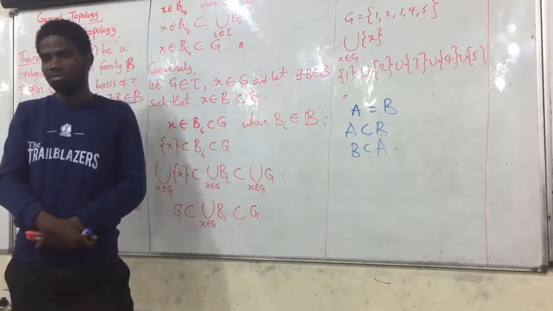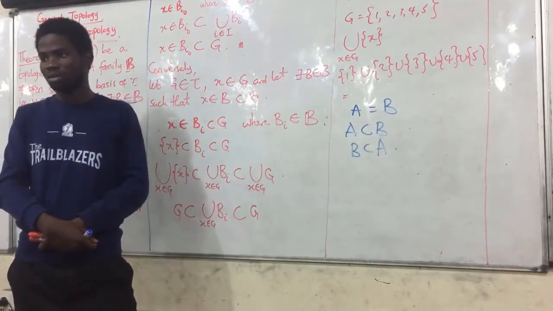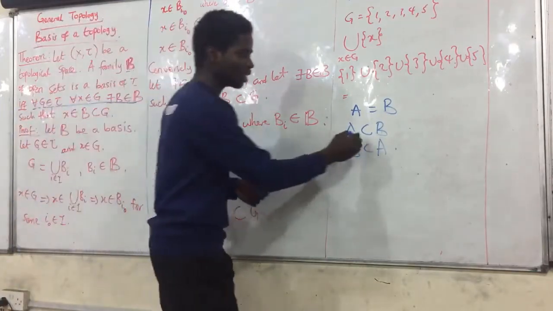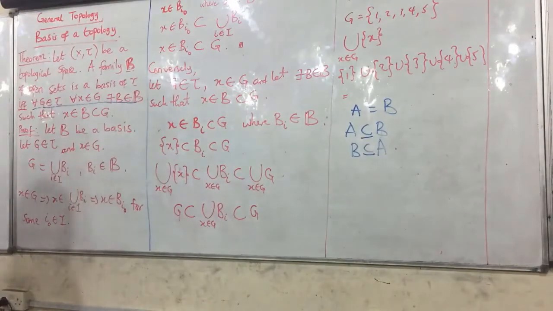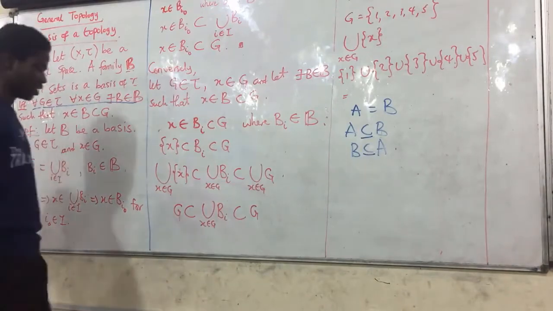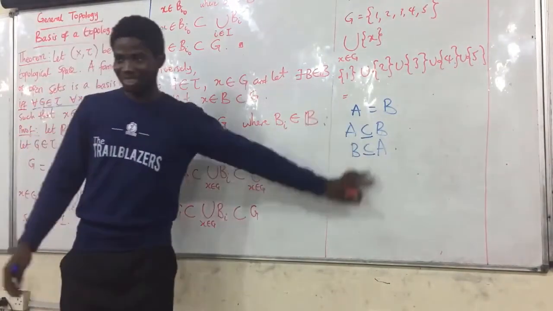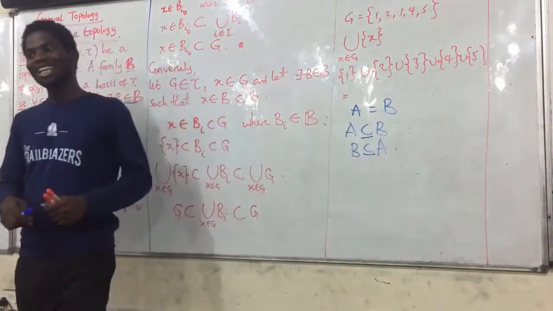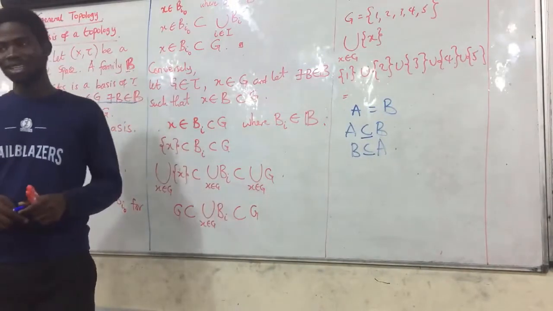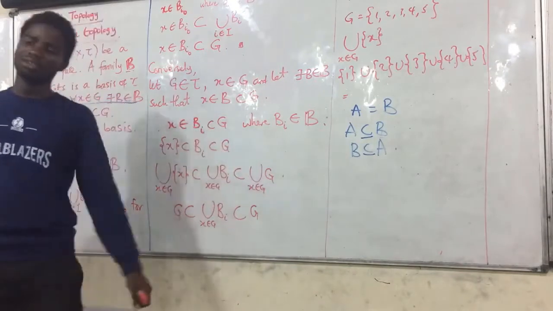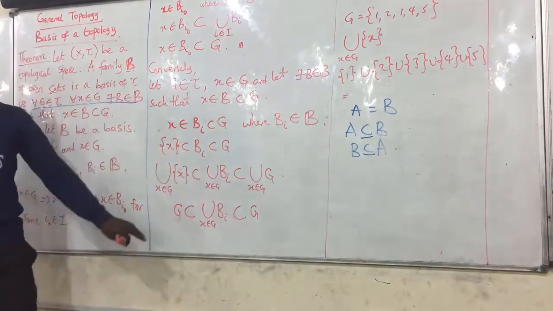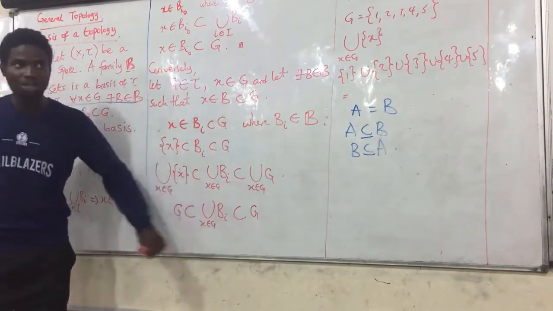That slash is not there. Proper and improper subset, leave that one. Just subset. So now, see, G is inside this one.